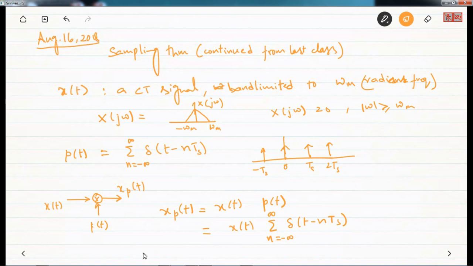So when I multiply x of t with p of t, what do I get? Let's assume our x of t is something like this.